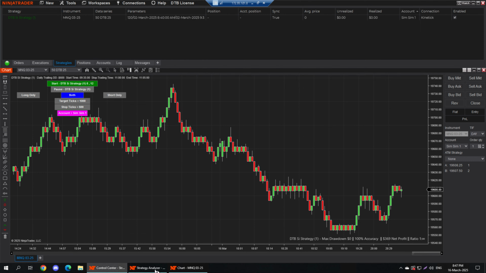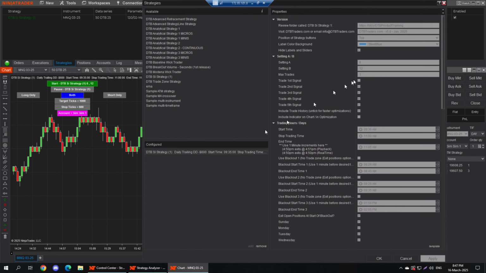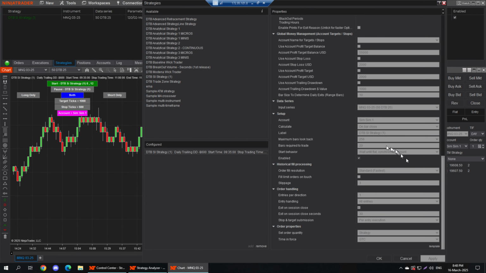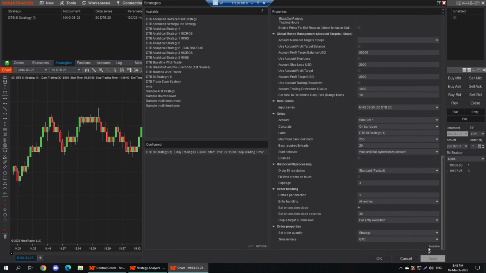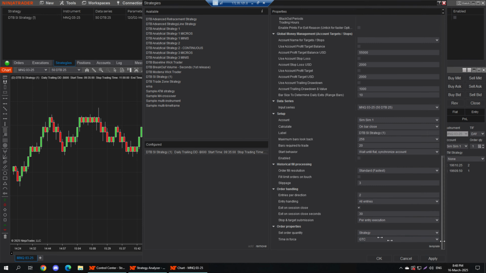Because now you've adjusted it to your own values, you go to your strategies and deactivate the strategy by clicking the enable button. Then you go template, load, and find the one you just saved, which is template 2, my option. Okay, you load that.